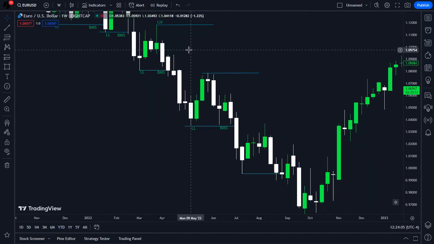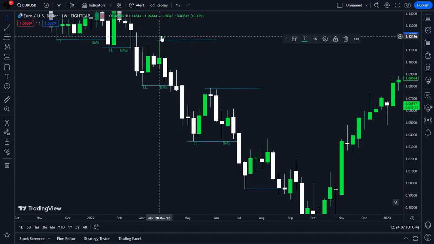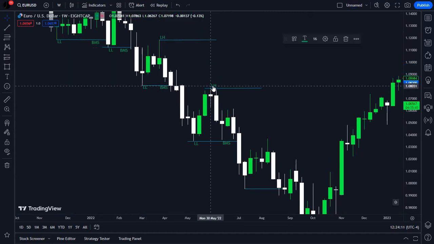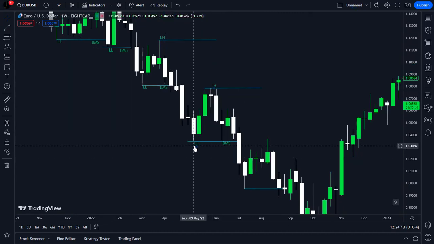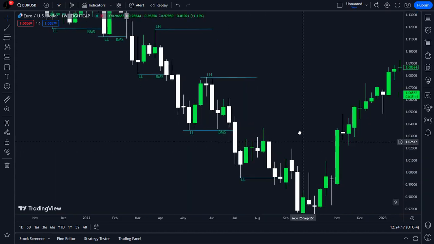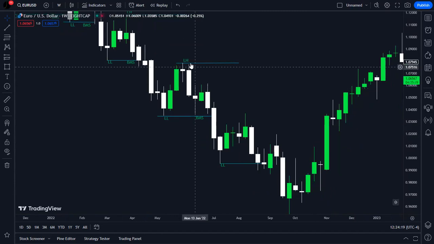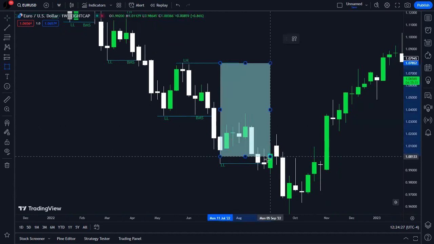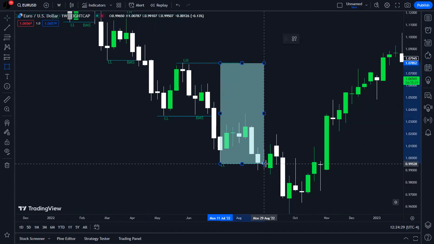So we get a new lower high. So yeah, the new lower low, the BMS. Right there. So our new dealing range between this lower high and this lower low is our new dealing range.